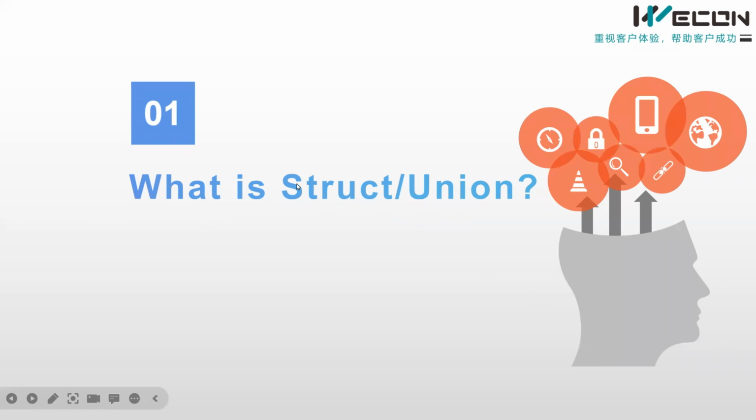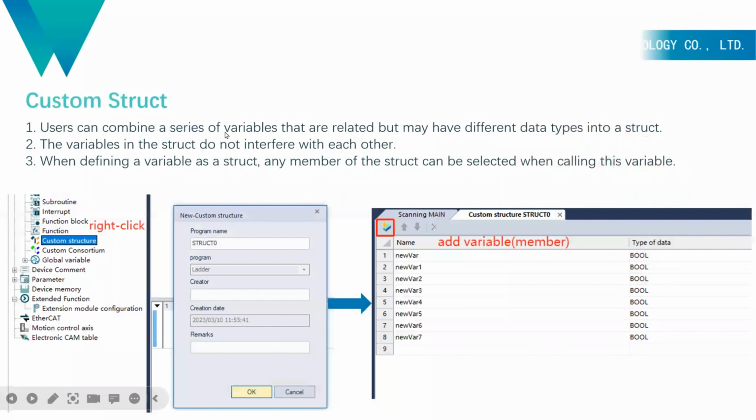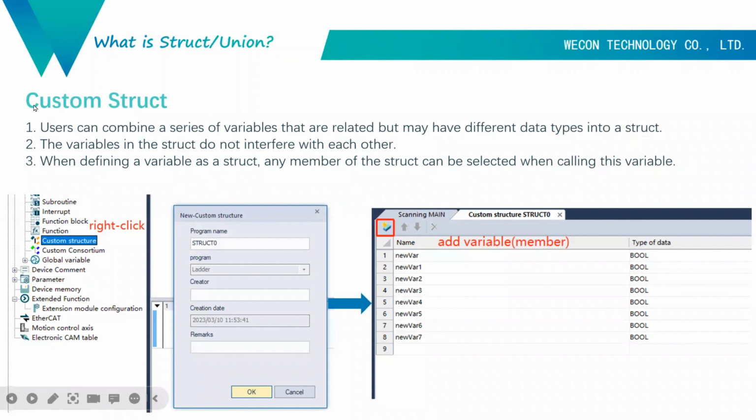First, what's a struct and union? Here I list 3 points of custom struct. First, the user can combine a series of variables that are related but may have different data types into a struct.